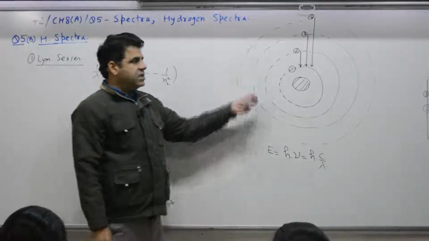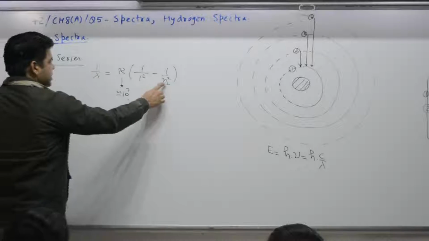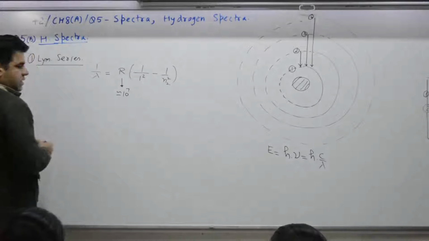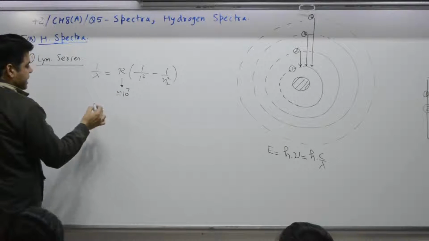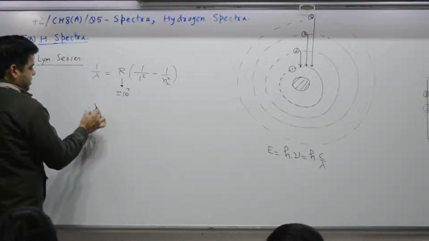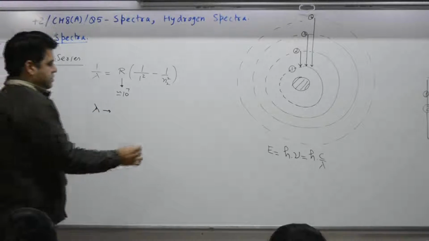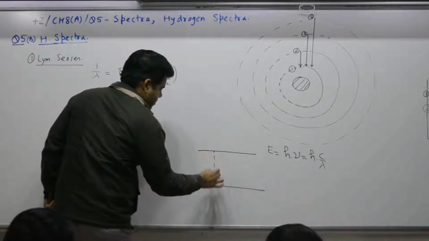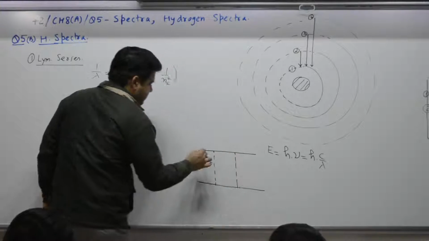If you put n is equal to 2, find lambda. Put n is equal to 3, find lambda. Then it falls in a range. What type is the wavelength? In the spectra, this is the electromagnetic wave spectrum.